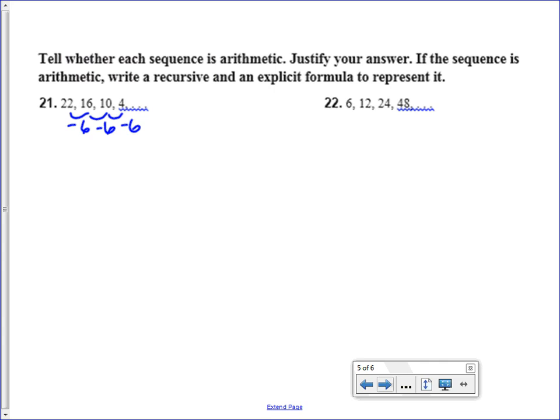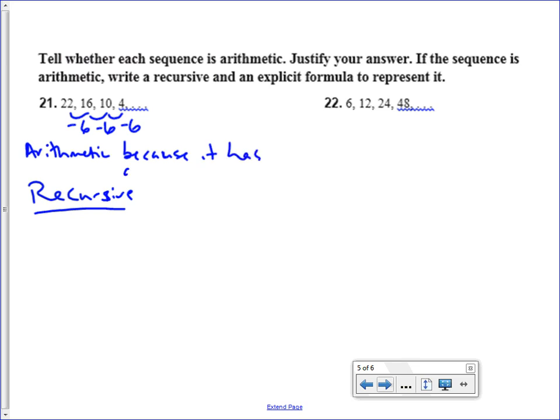And then we've got to write a recursive and an explicit. Recursive first. So we'd say arithmetic because it has a common difference.